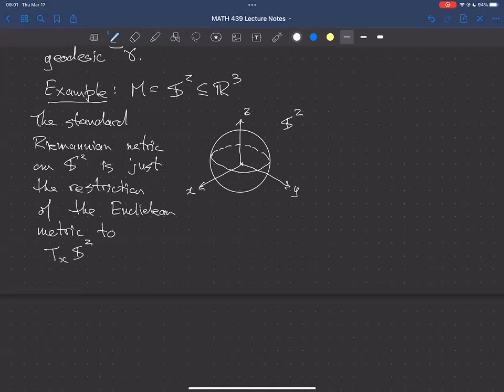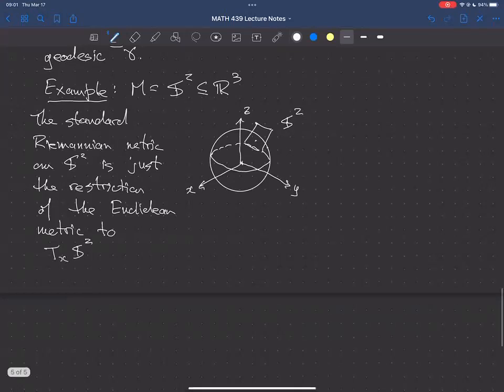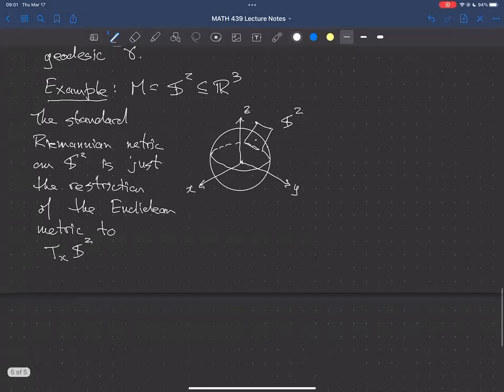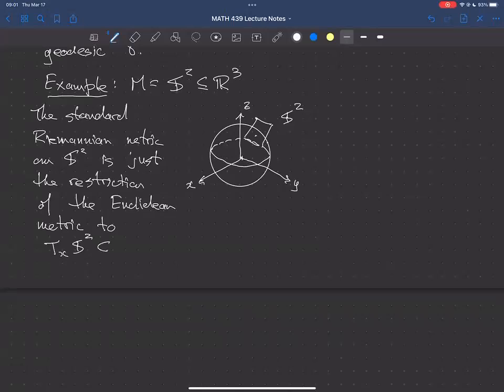Okay, so S2 has a tangent space that maybe looks something like that. But the point is that, because S2 sits inside R3, that tangent space is a subspace of the tangent space to R3.